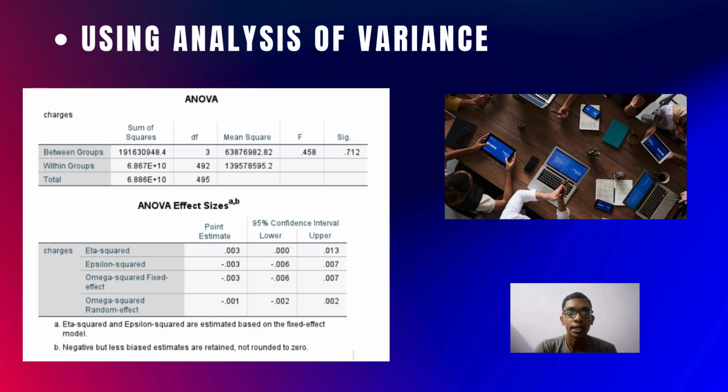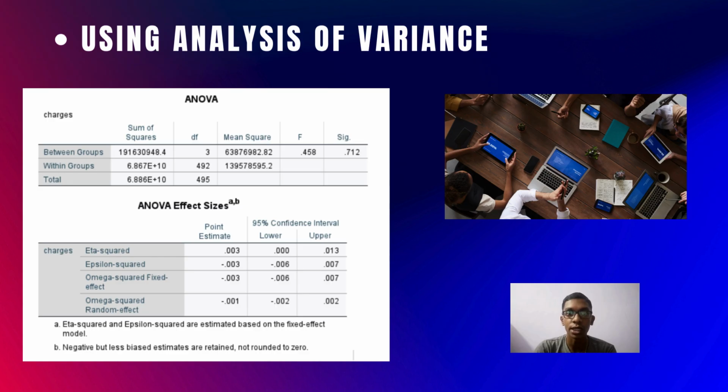Let's look directly at the primary ANOVA table. Our dependent variable here is charges. We have a total sample size of 496 individuals spread across 4 groups, as indicated by our total degrees of freedom of 495.